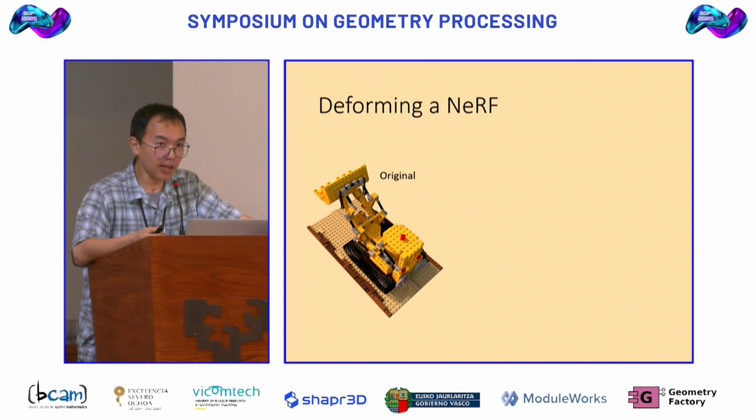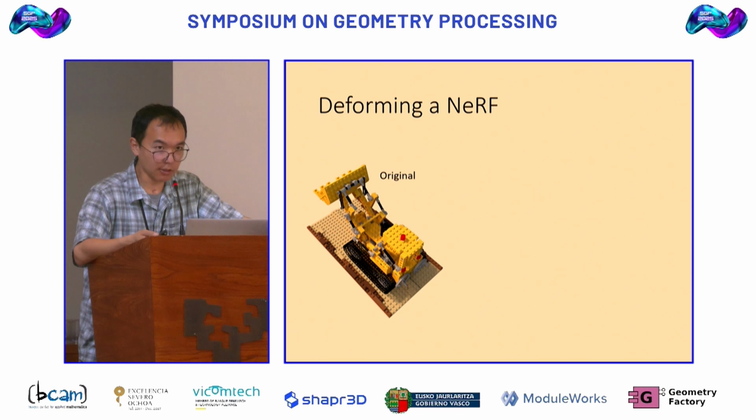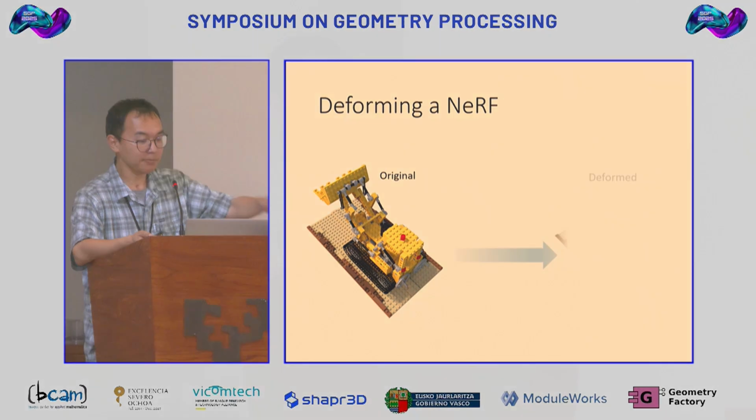The idea is that you have a canonical frame that defines both the color and density fields, and the observations are through all the frames. To know the NeRF in a canonical frame, you need to have a mapping between each frame, which is actually a 3D frame, and this canonical frame. This mapping is a 3D mapping.